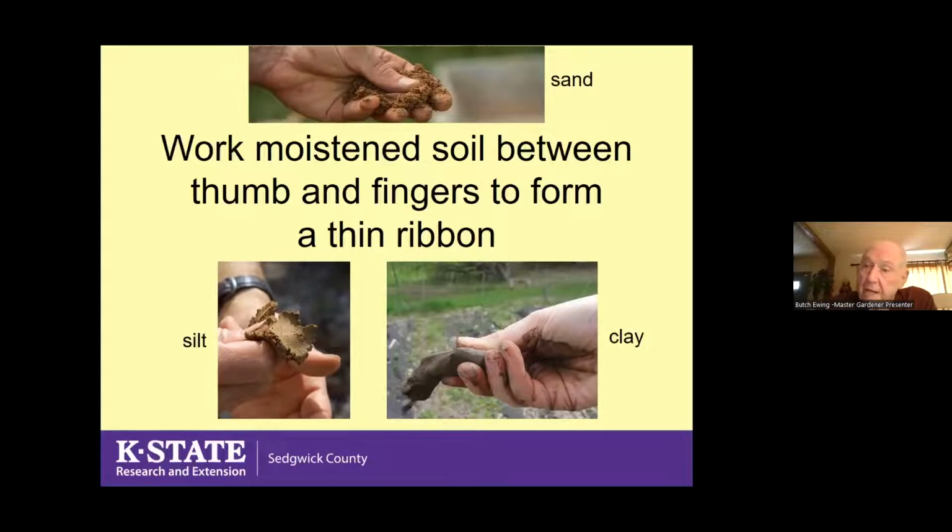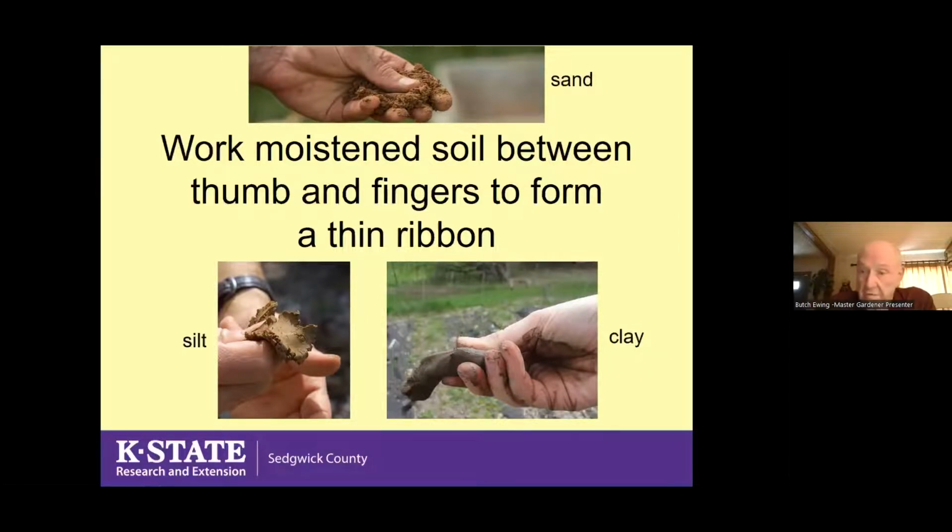Just grab up a handful of soil and put enough water in it to make a little mud ball. And you start working that mud ball between your finger and your thumb, making a ribbon out of it. As you're doing that, if you have a high sand content, you're going to feel that grit. It's going to be very obvious.